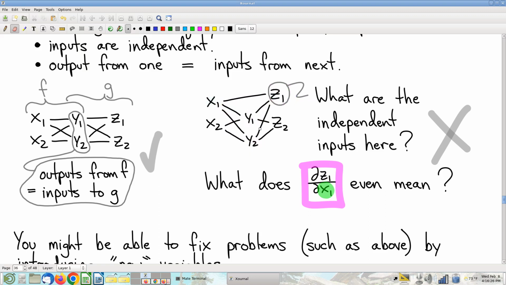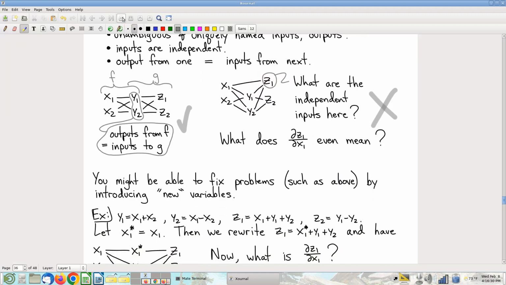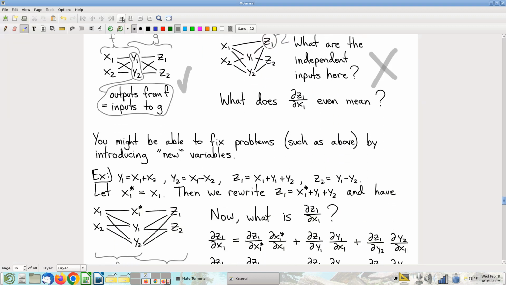So you can't do something like that. What you've got to do is figure out a way to fix it. And there is a nice, easy way to fix it that I have down here. This is what I'm going to call the fixed diagram. Notice all I really did is take this line, the dependence of z1 on x1, and insert a new variable in here called x1 star.